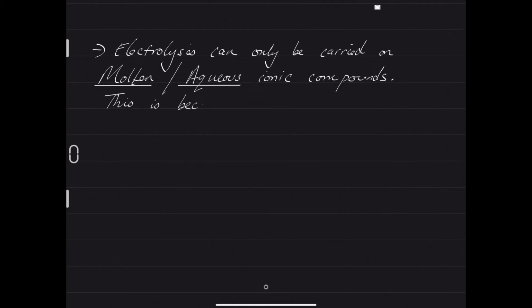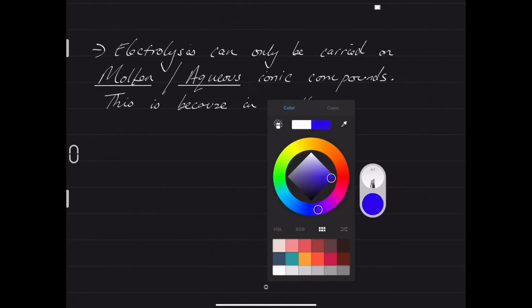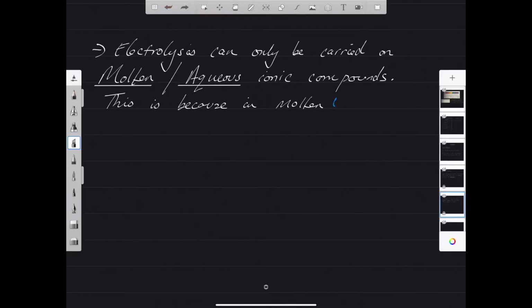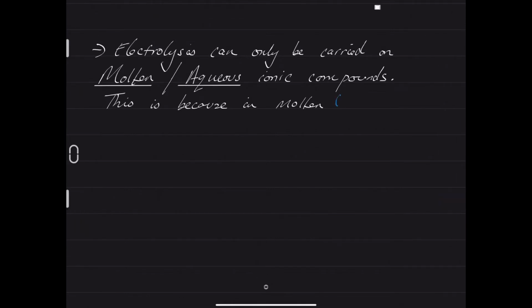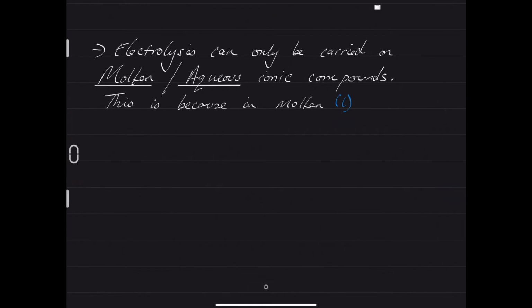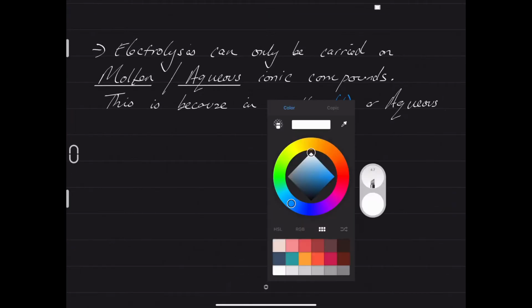This is because in molten, I'm going to put the state symbol here, which I'll put in a different color just to emphasize, in case you see this in ionic half equations, it will be important as well. So molten is L.